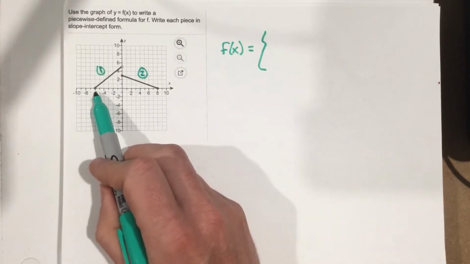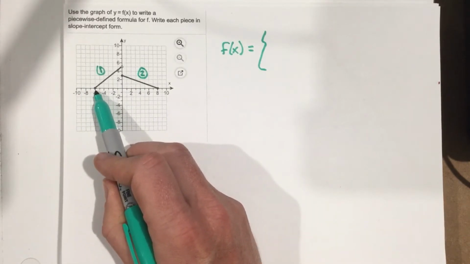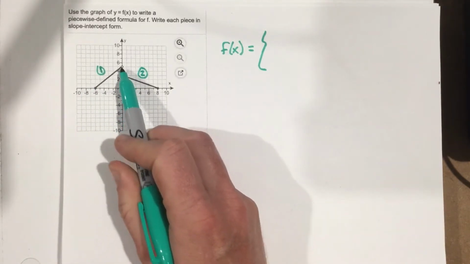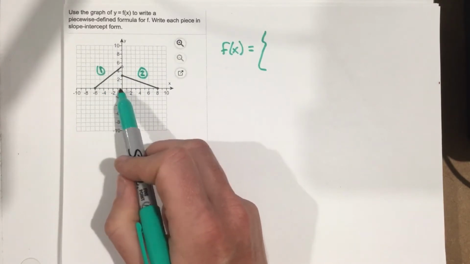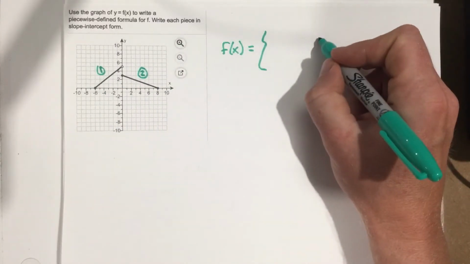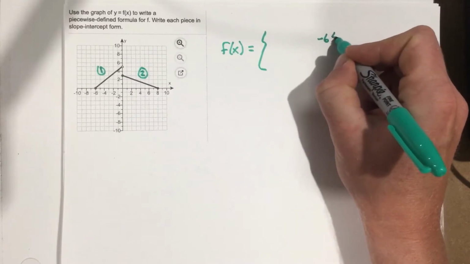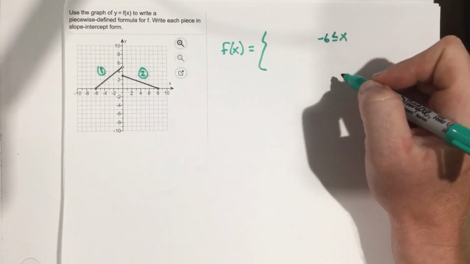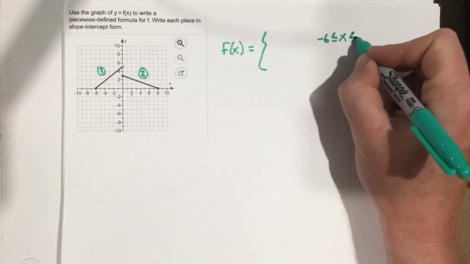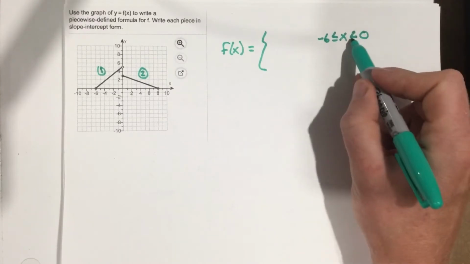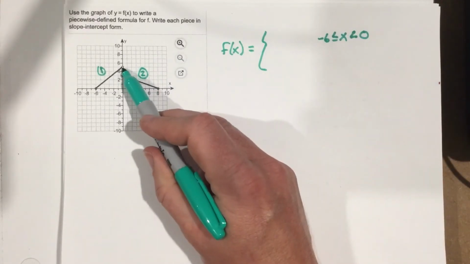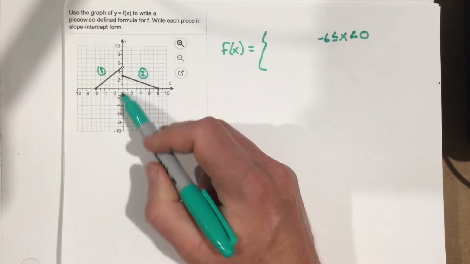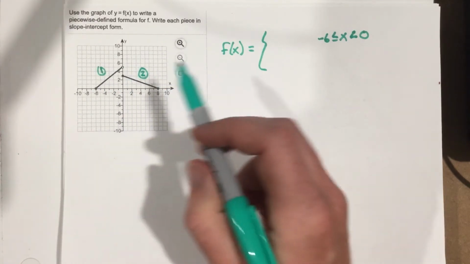Well, the domain runs from -6, and it equals -6, all the way to 0 for the first line, right? -6 to 0. So out here, we're going to say -6 less than or equal to x, which is less than 0. Now we say less than 0 because it's not equal to 0 at that spot, right? 0 is not defined for the first function.